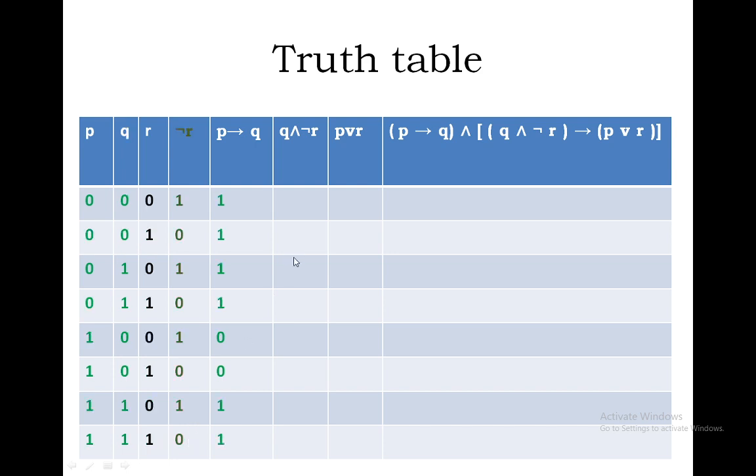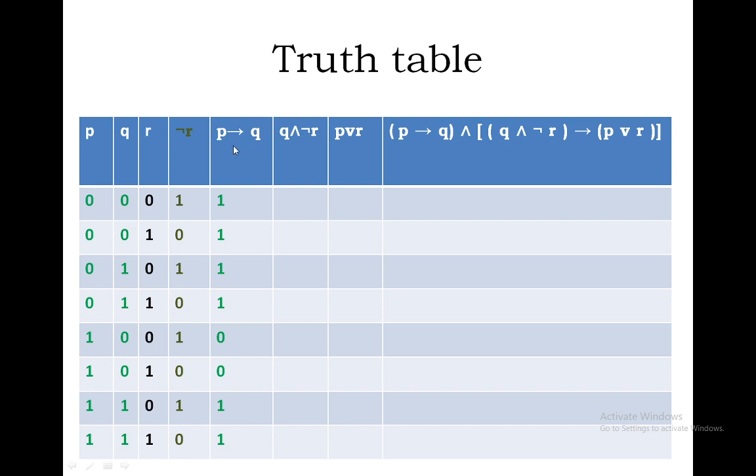Next we have to find out P implies Q. For this, the inputs are P and Q. You can see the difference in the color. Now we have to do implication, so we have to remember: when P value is 1 and Q value is 0, only that combination we will get as a false value.